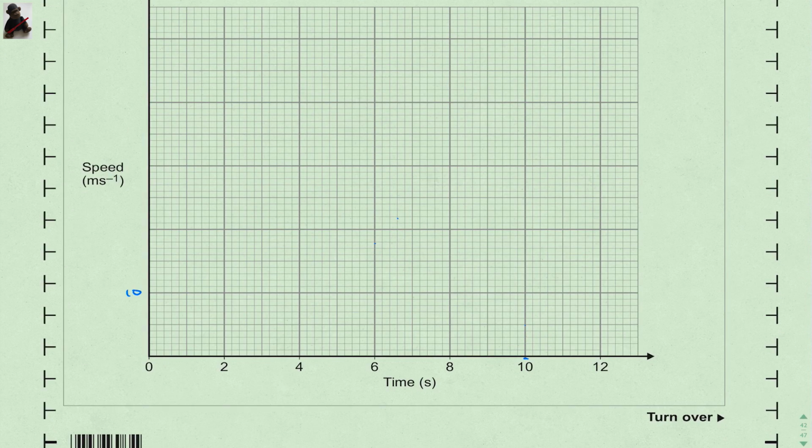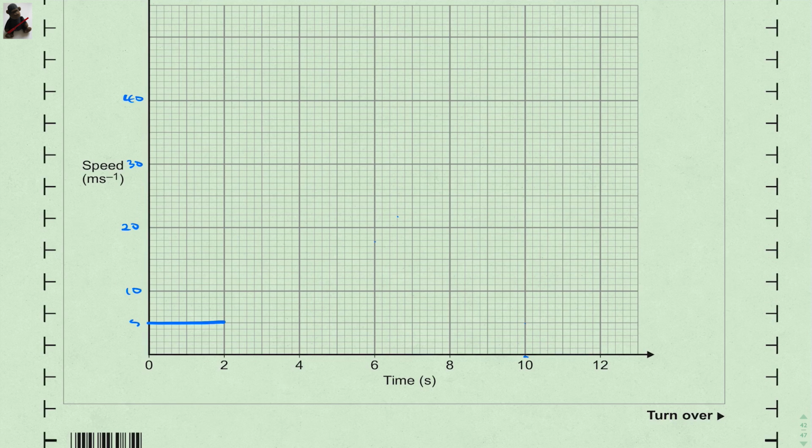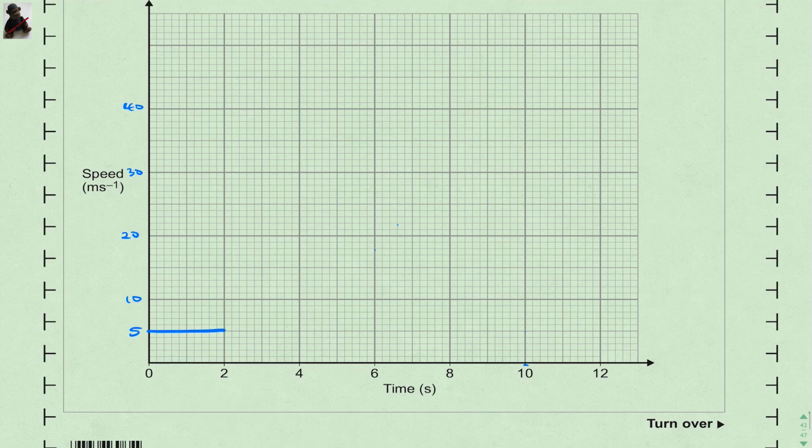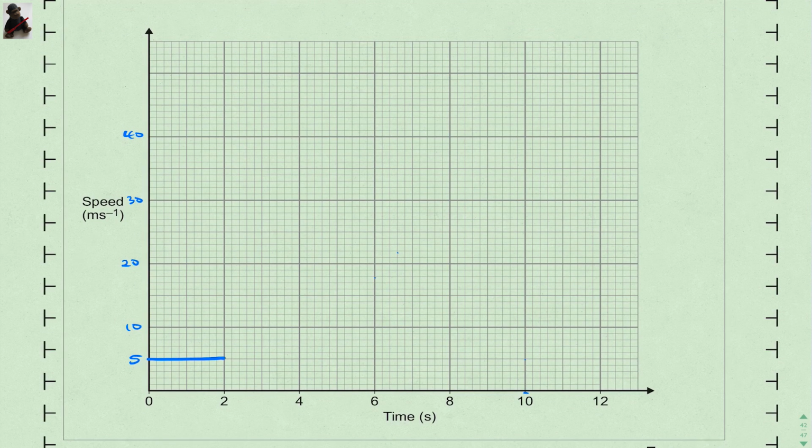So we need to draw this. So if that was 10, and that's 20, that's 30 and 40. So at 5 is a constant speed between 0 and 2. Let me just draw that clearly. There you go. So that's a constant speed, that's 5. Now, at 6, we already found the gradient at 6 equals 18.75, because that's where I drew the tangent.